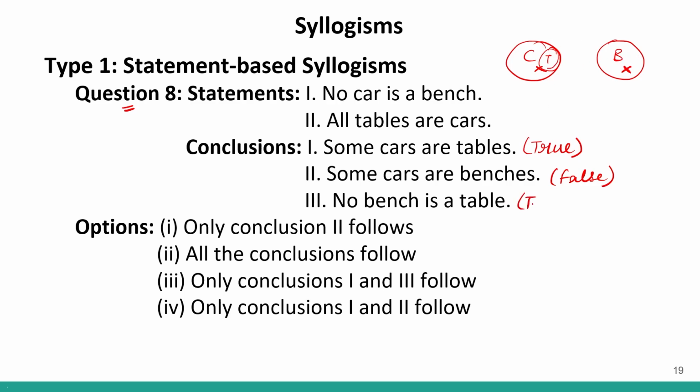So this is also a true statement. No bench is a table. Correct? Now if I look at conclusions, conclusion 1 and 3 are true, but conclusion 2 does not follow. So if I look at the options, option number 3 says only conclusion 1 and 3 follow. This will be my answer because only conclusion 1 and 3 follow.